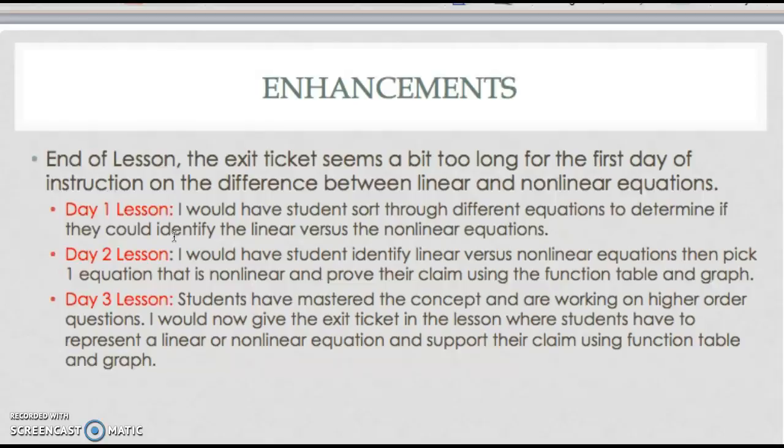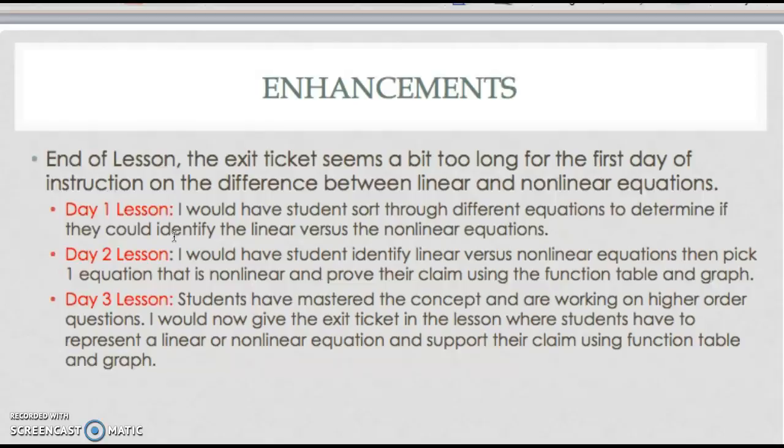That's a nonlinear equation. So having them sort, which is a basic level, but it's faster and it starts to build students' confidence that they're able to identify the two. And then we can increase the demand of the student. That way I make sure there are no gaps as I go higher and higher with the cognitive demands of the lesson.